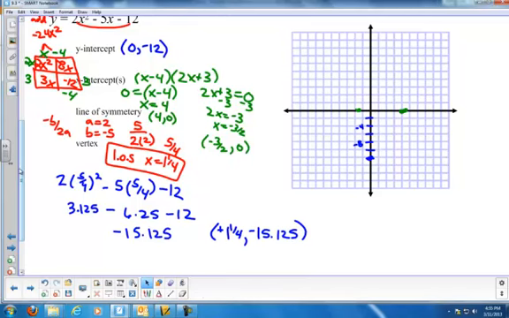Your line of symmetry is at 1 1/4. So just on the other side of this. And it's down here at negative 15.125, so right about here. So this parabolic curve is going to look like that.